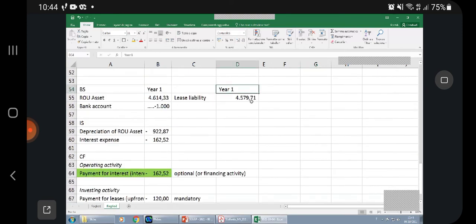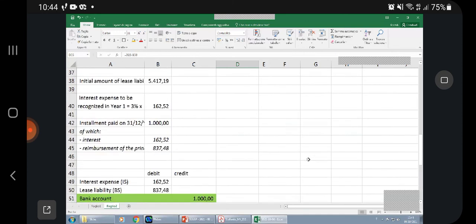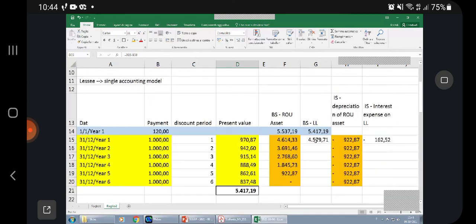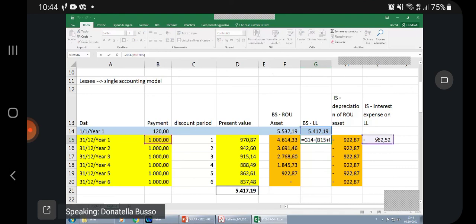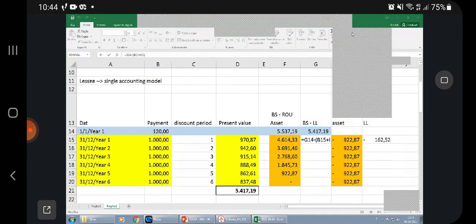Here. The amount that we have determined before the break. Okay, I repeat again. The amount at the end of year 1 is the amount at the beginning of the period minus the amount reimbursed. The amount reimbursed is 1,000 minus 162. Is this clear for everybody? Students that are at home, is this clear?